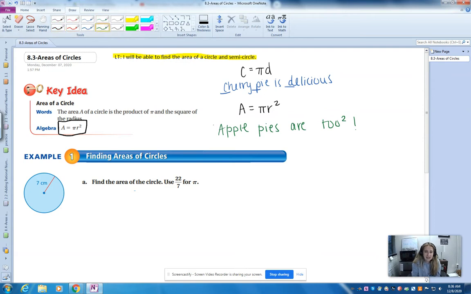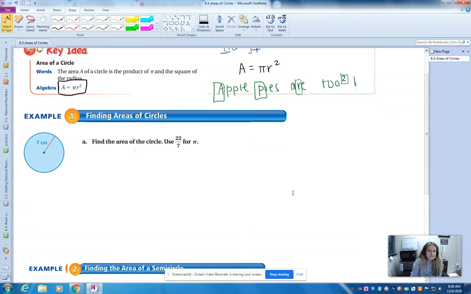We got the A. A equals pi r squared. Okay, apple pies are 2. So circumference is cherry pie is delicious, and area of a circle is apple pies are 2. So those are some helpful ways to help you remember them. I still say them every single time I think of circumference or area of a circle. So get them in your brain.